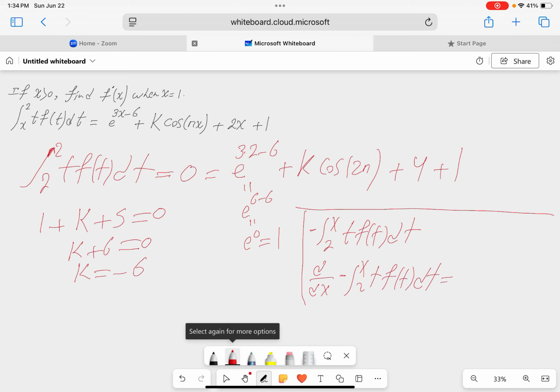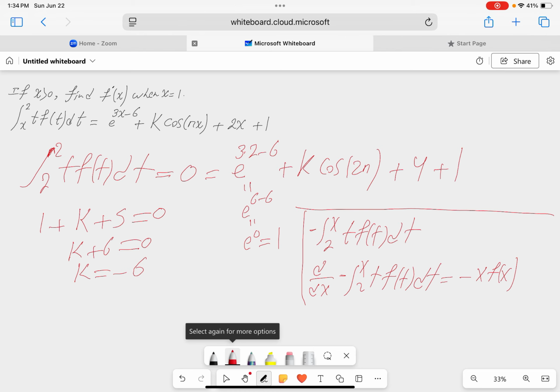This is simply going to be negative x f of x. So I just replaced t with x. That's what the fundamental theorem of calculus says. You replace the t with x, you take a derivative of x, which is 1. So you have negative x f of x, all right?